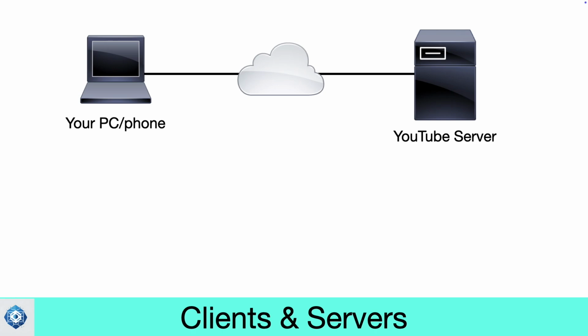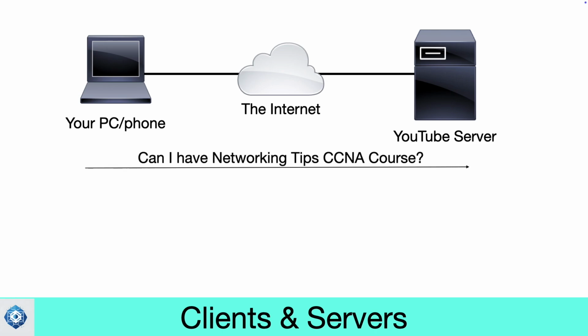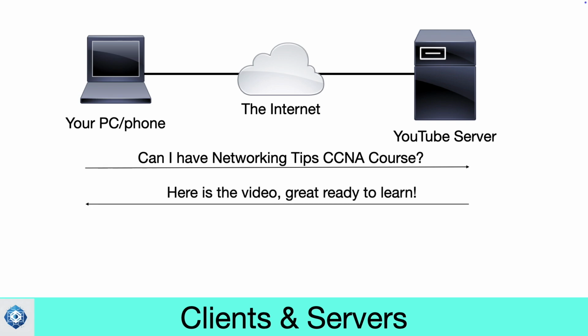Now, taking out some of the more complex aspects of the network, your PC connects to that cloud in the middle, which we can show as the internet. And on the other side is the YouTube server hosting this video. So essentially your PC says, hey, can I have the networking tips CCNA course video? The YouTube server says, of course, get ready to learn, here is the video.